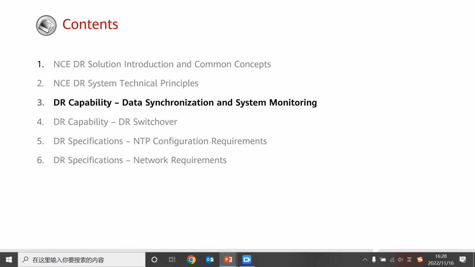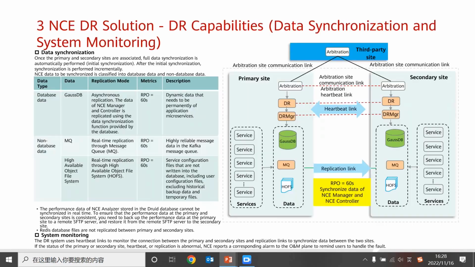Next we'll get into the data synchronization and system monitoring. On the left-hand side first, this is what we said on the last page. For the database data, we use GaussDB to synchronize the data.